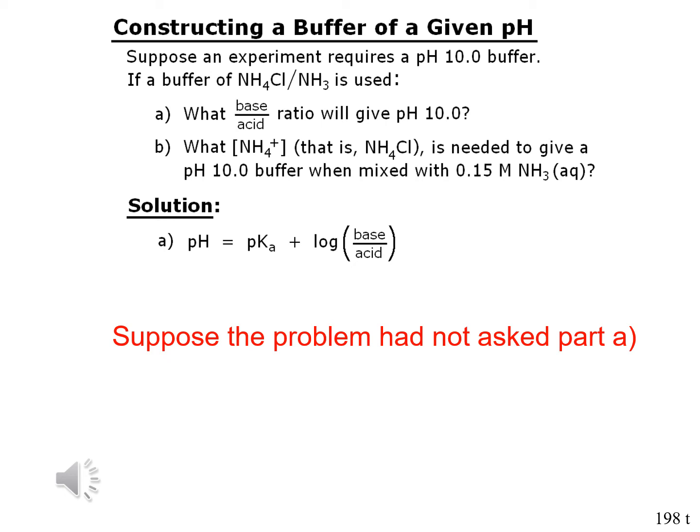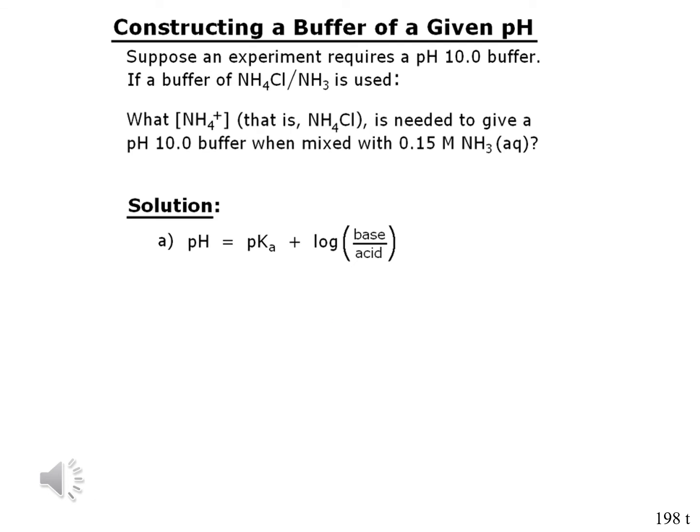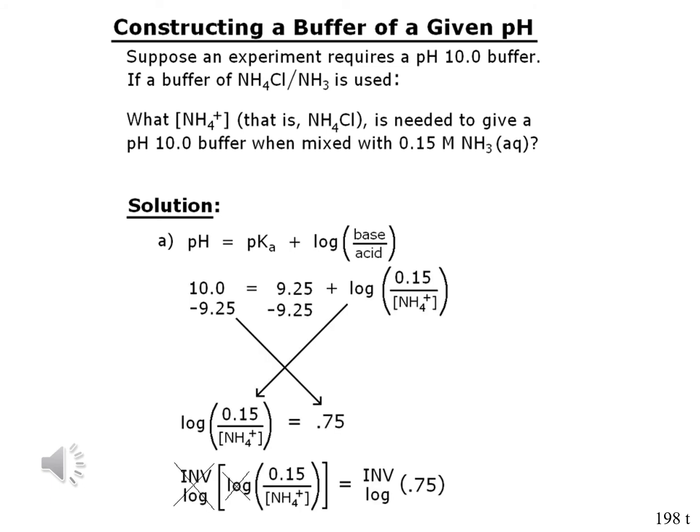But if I did not give it to you and all I asked you was part B, people ask me, can I plug in the 0.15 right away and then solve? And of course you can, because it's just a math equation, but you're going to get exactly the same answer, because what you're doing is plugging in the 0.15 before you solve.